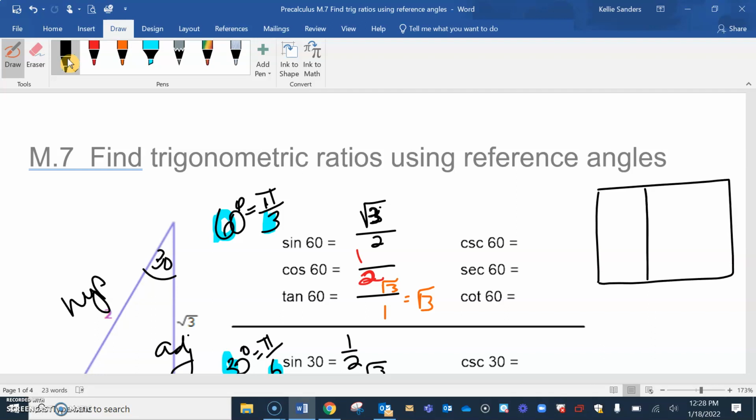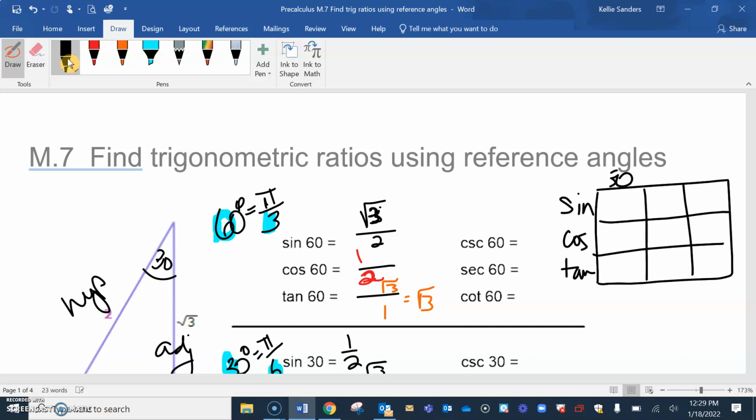We made a 3x3 box. We put sine, cosine, and tangent here, and it needs to be in that order. Our reference angles are 30, 60, and 45 degree angles, right? Well, we're going to put those in order.